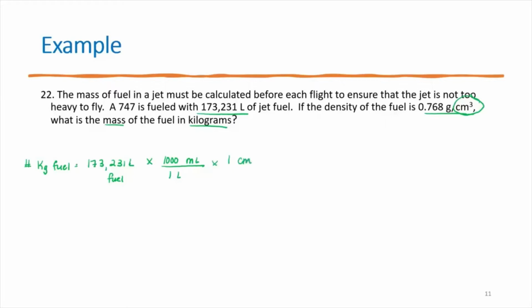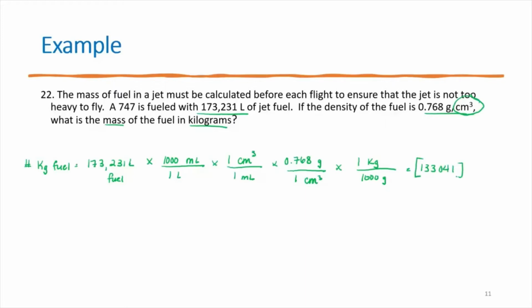So 1 centimeter cubed to 1 milliliter. Now I can go ahead and use density to convert to grams. 0.768 grams per 1 centimeter cubed. And I know 1 kilogram contains 1,000 grams. Calculate this out. You get 133041 as your calculated answer.